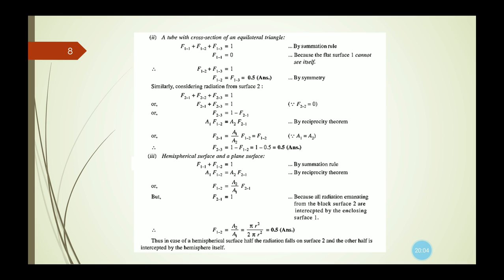Now if F11 is equal to 0, the summation rule changes to F12 plus F13 is equal to 1. By symmetry we can write that F12 is equal to F13, and as the summation of these two is equal to 1, the individual shape factors will each be 0.5.